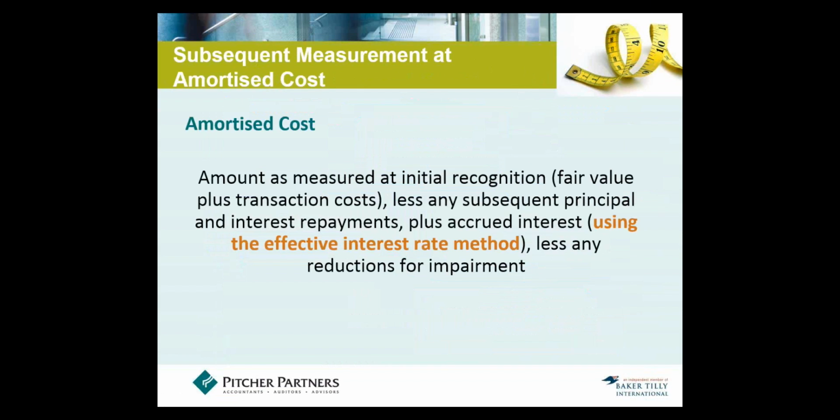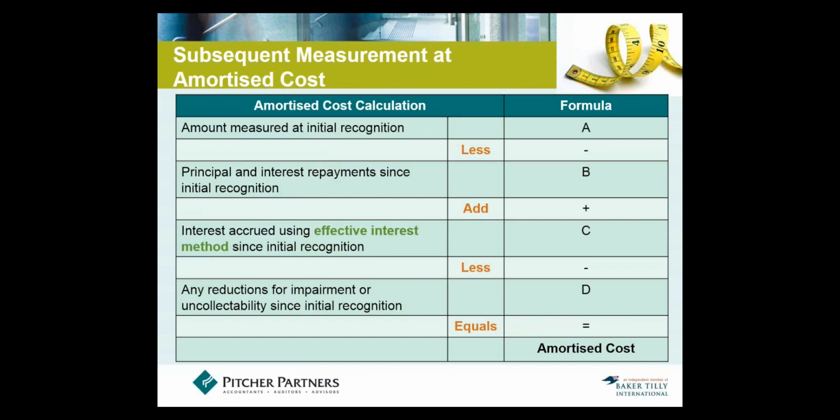So amortized cost, we start with the amount at initial recognition, and we make adjustments for repayments. We include accrued interest, and you don't straight line accrued interest. You have to use the effective interest rate method, and you have to consider impairment if it's a financial asset.